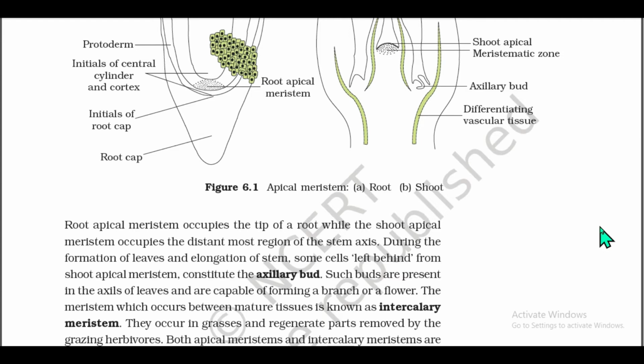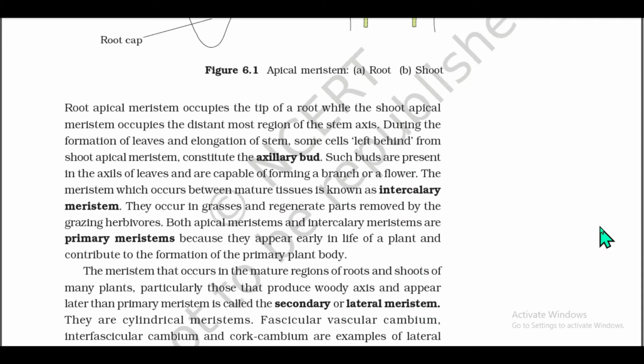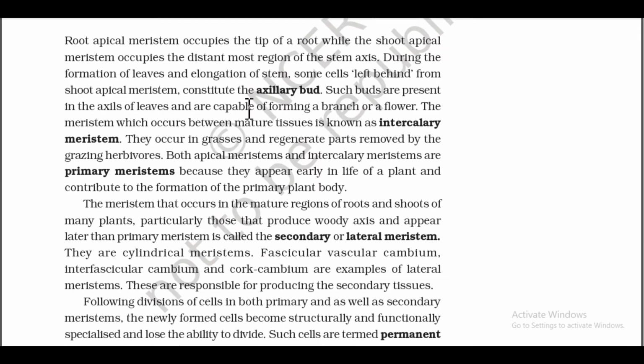Figure 6.1 Apical meristem. A. Root. B. Shoot. Root apical meristem occupies the tip of a root, while the shoot apical meristem occupies the distal-most region of the stem axis.